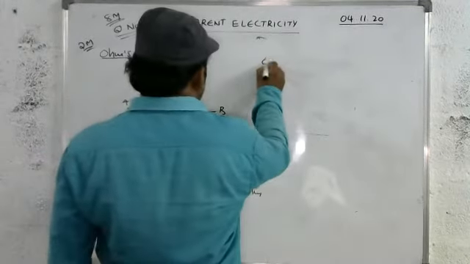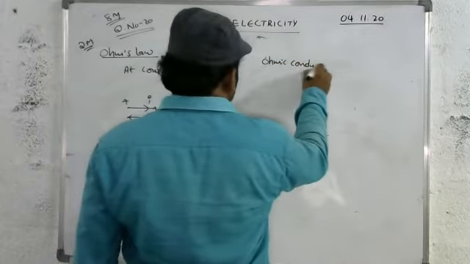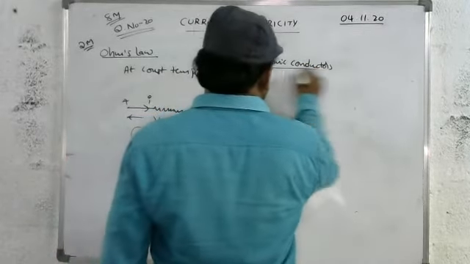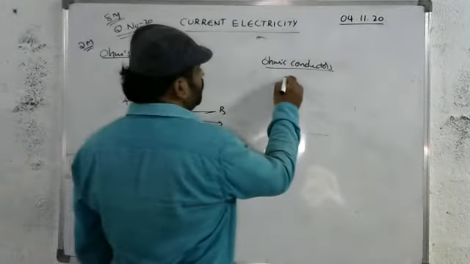Next, what are ohmic and non-ohmic conductors? Ohmic conductors are the conductors that obey Ohm's law.